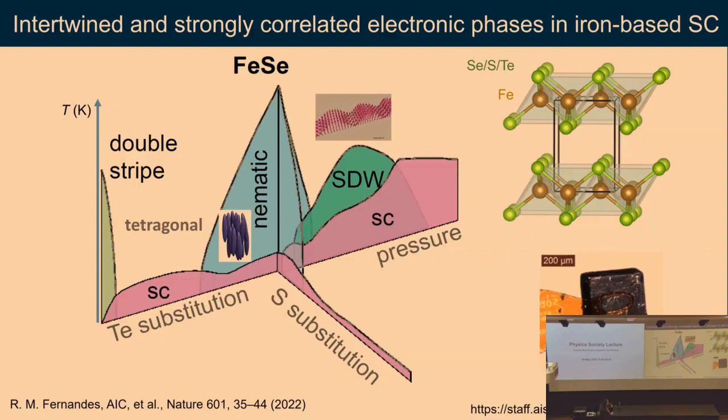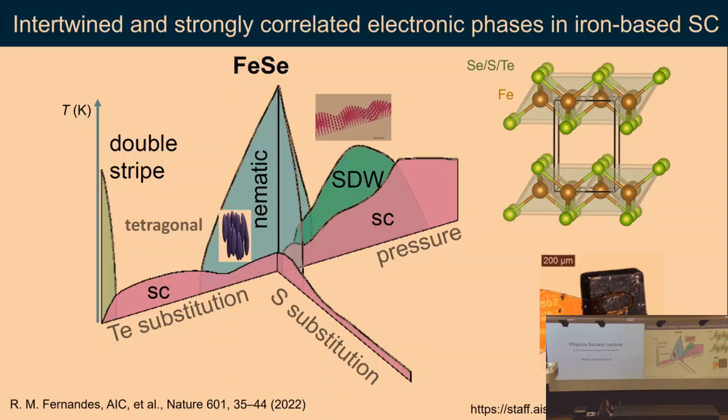Structurally, these materials form a tetragonal system. So you have an in-plane square lattice of ions, and then you bond to those ions different elements from the chalcogen group: selenium, sulfur, or tellurium.